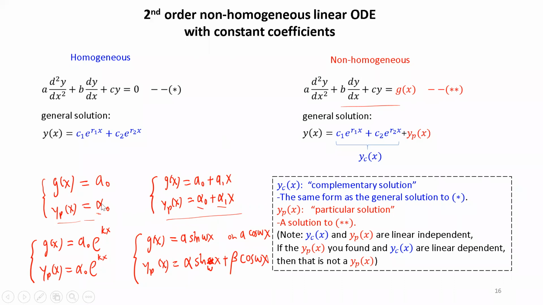So basically, it's a case-by-case consideration. You really need to look at what g(x) you have, then you pick the form that is appropriate.